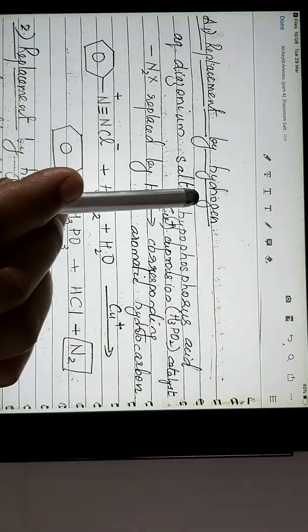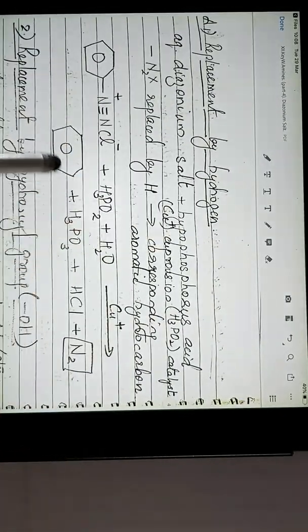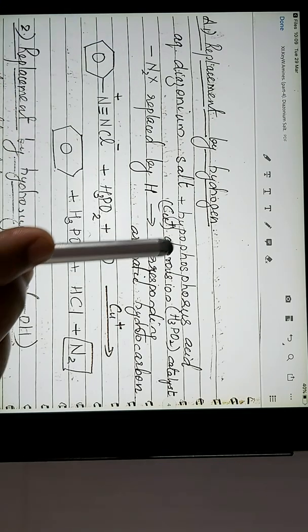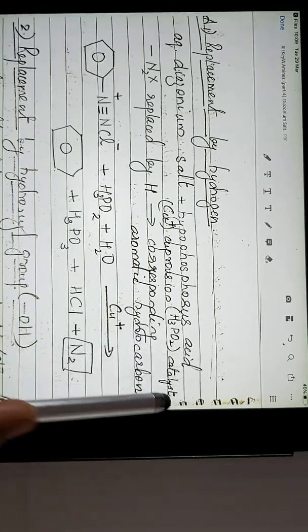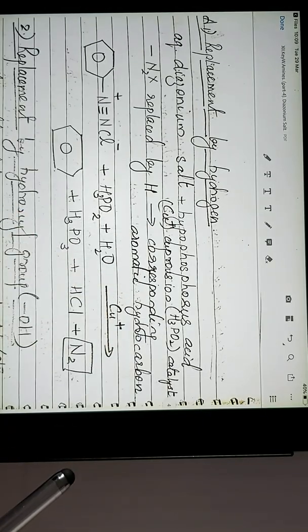First, it is replacement by hydrogen. Here you can see what is happening. This is the diazonium salt. It is treated with hypophosphorous acid in the presence of cuprous ion. Hypophosphorous acid is the reagent and cuprous ion is the catalyst.